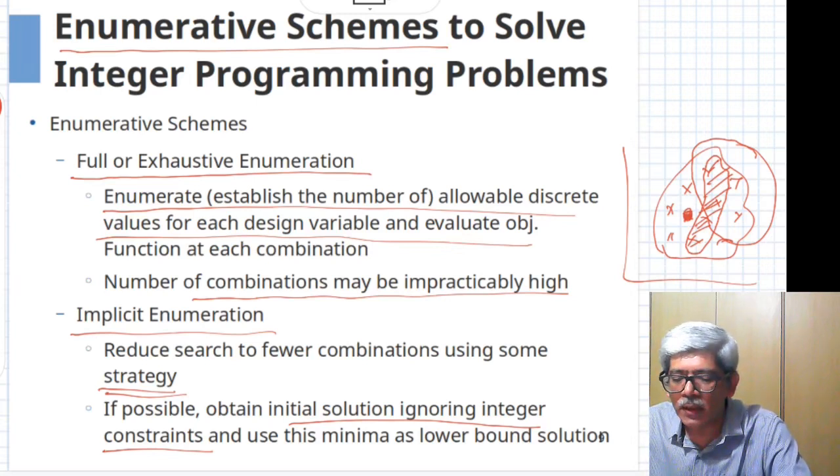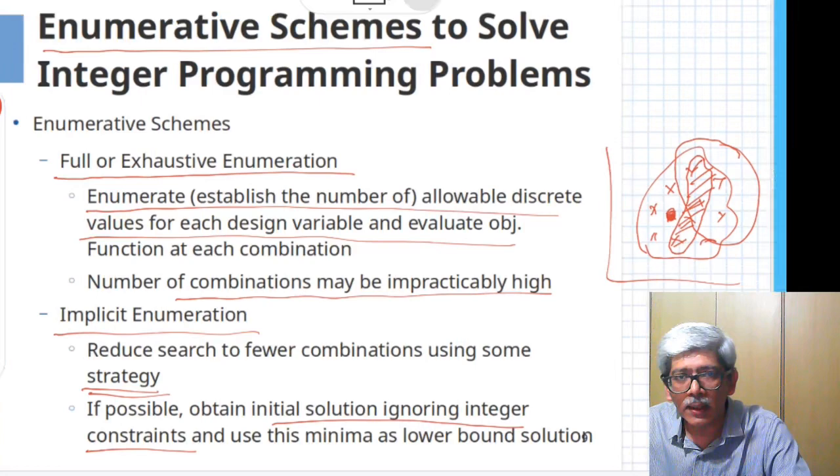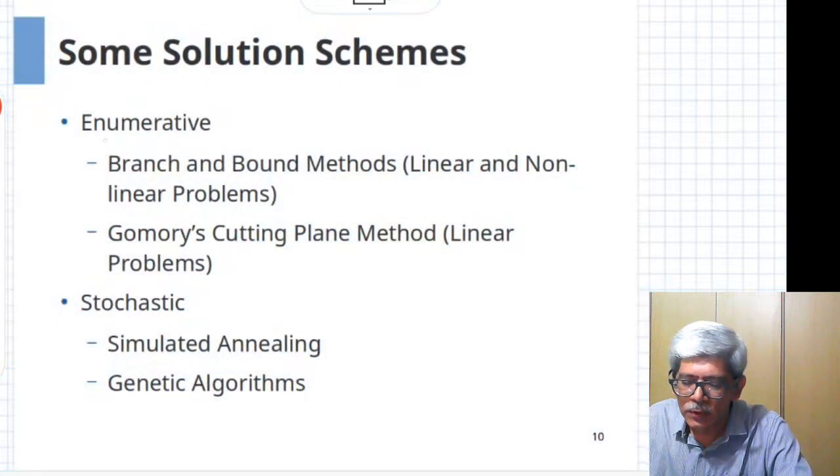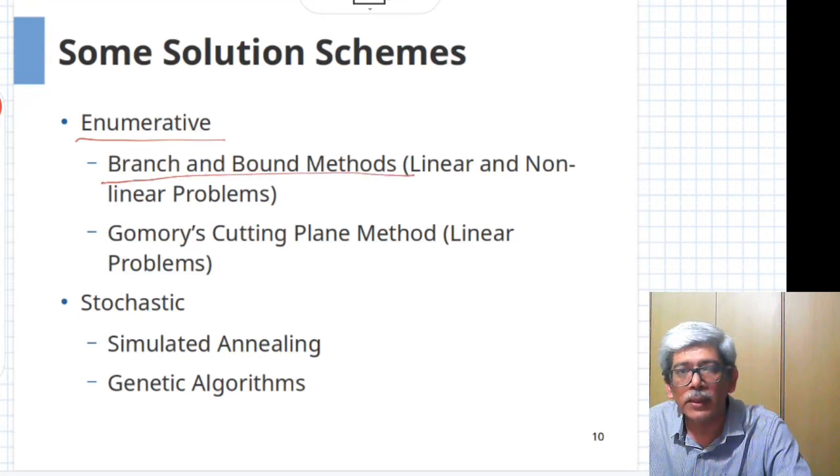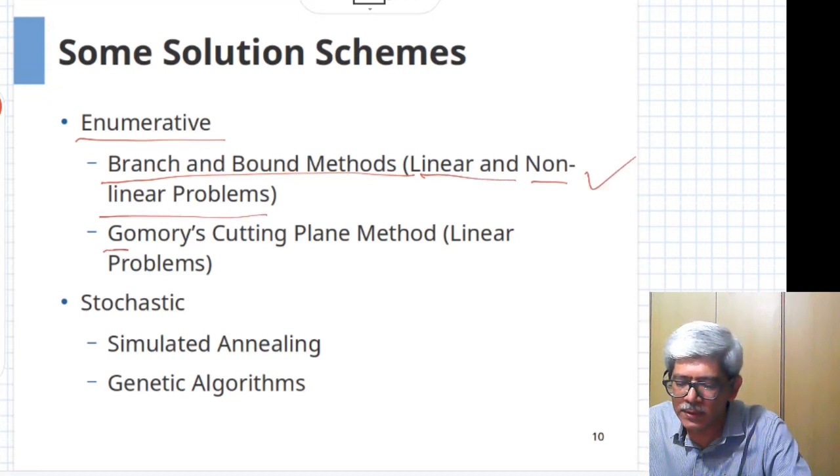If you list down the different methods which are available, they are as follows. In enumerative methods, one of the popular methods is the branch and bound method. It is applicable to both linear and non-linear problems. We are going to see this method in this session. The second is Gomory's cutting plane method. It is applicable more to linear problems.